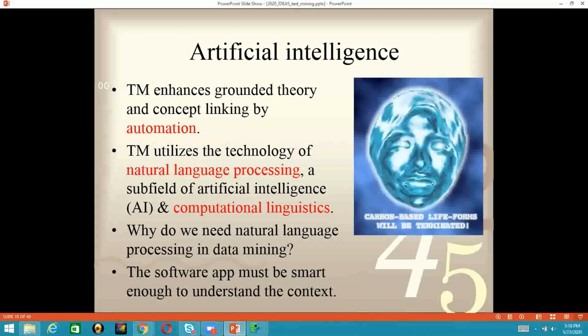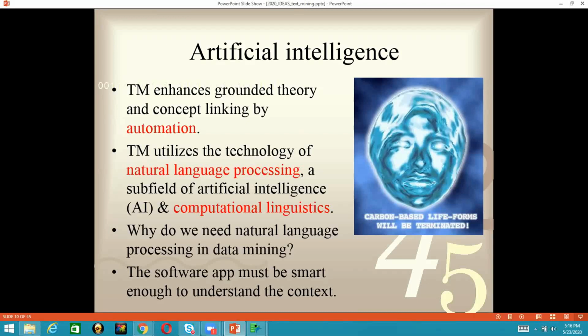So what is the technology to make text mining automatic? Text mining enhances grounded theory, content analysis, concept linking, and the Swanson process by automation, and, well, AI, right?